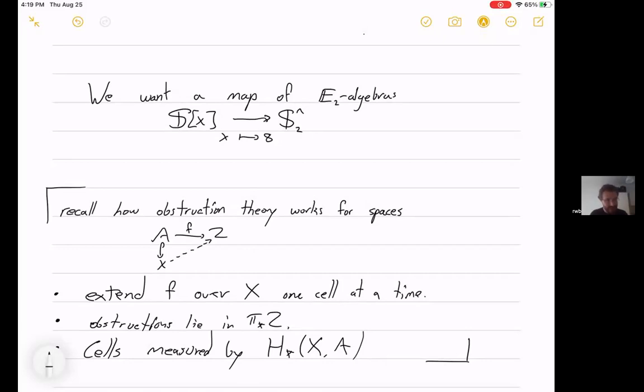For each of those cells we can try to extend over it, and we know where those obstructions will lie: in certain homotopy groups of Z.